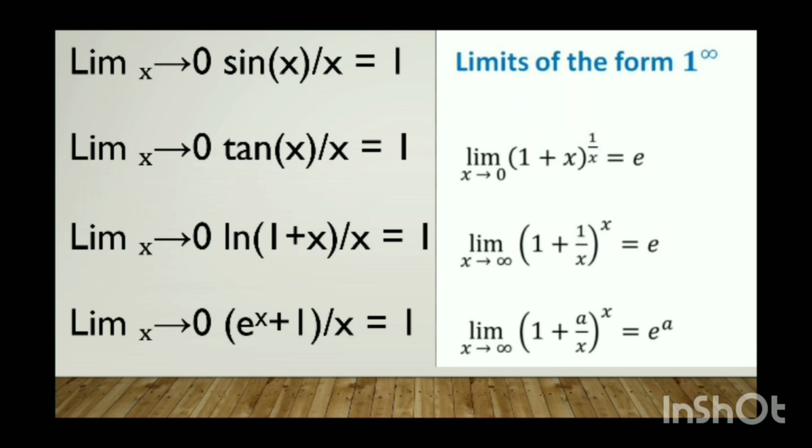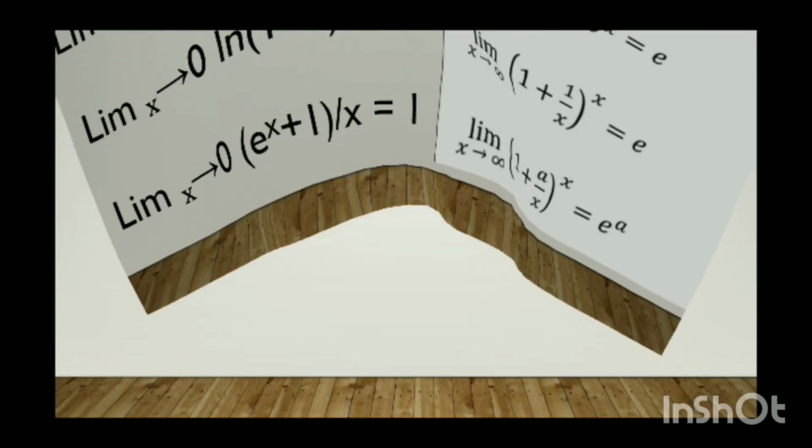We don't know the value of a here, and infinity signifies a very big number. So in this case we are going to have e raised to the power of a.